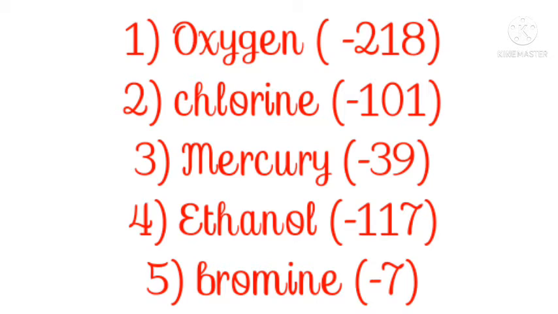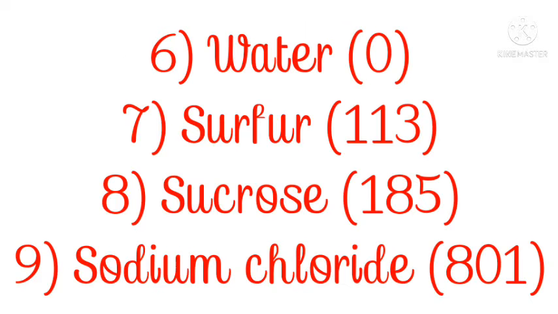Ethanol. The melting point of ethanol is minus 117 degrees Celsius. 5. Bromine. The melting point of bromine is minus 7 degrees Celsius. 6. Water. The melting point of water is 0 degrees Celsius.